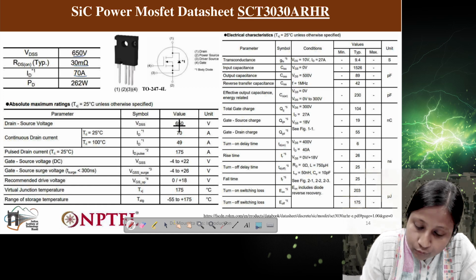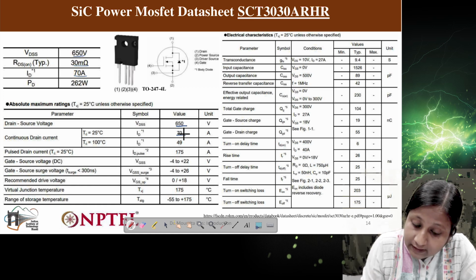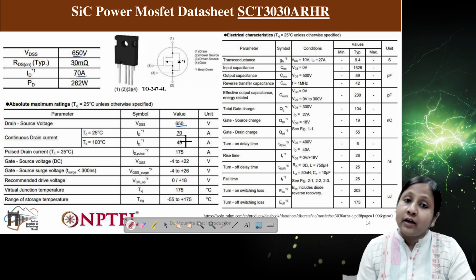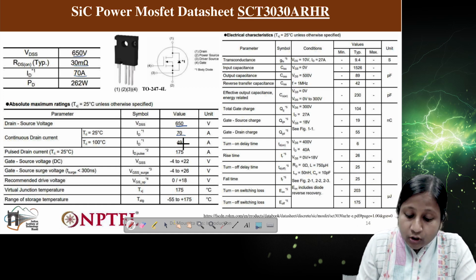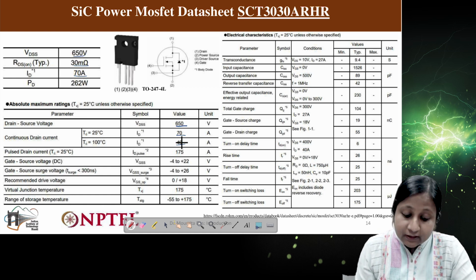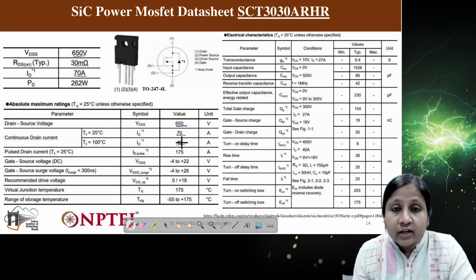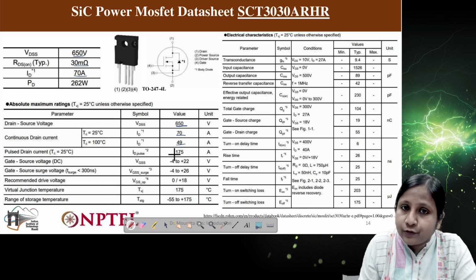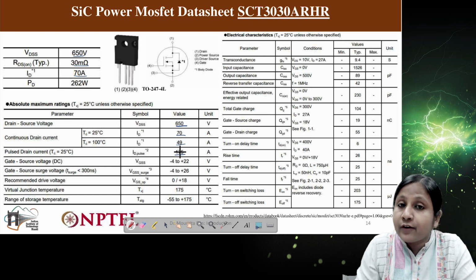So basically drain to source voltage 650 volts, continuous drain current is 70 ampere for 25 degrees Celsius and it can reduce to 49 ampere if the temperature increased to 100 degrees Celsius. Now pulse drain current capability for this particular device is 175 amperes.